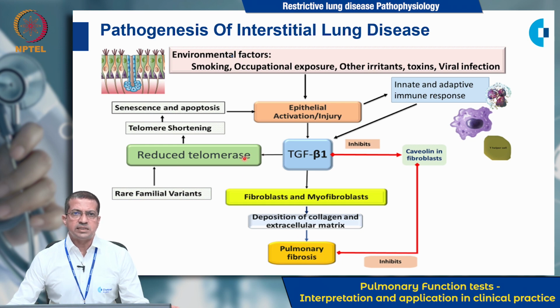Also, on the other side, the cell's telomerase enzyme, which usually maintains our genetic material and keeps our cells young, has been affected, and the telomerase cannot maintain the telomere lengths, and thereby the cell undergoes aging, senescence and cell death, that is called apoptosis, and this becomes a vicious cycle. So, the cell is injured and undergoes death, transforming growth factors are again produced, and it keeps on circling in a vicious manner.